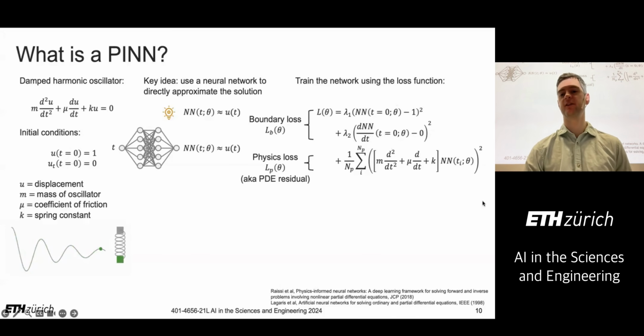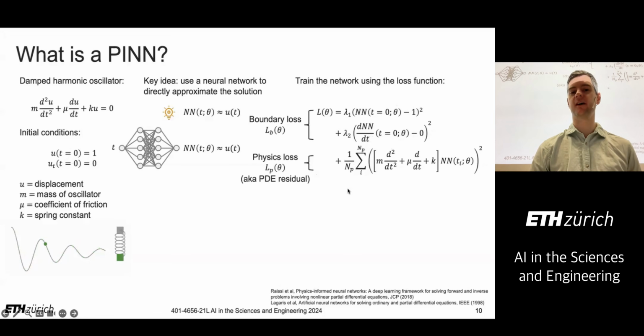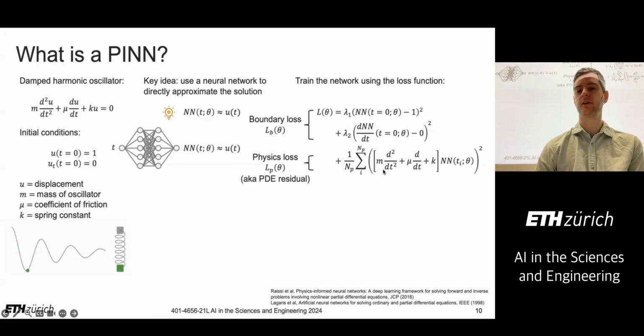Then the final one, which is the most important, is this physics loss. What this does is it computes the residual of the underlying differential equation. So we take our neural network and we evaluate all of the gradients required, the derivatives with respect to time that are required to compute this left-hand side of the differential equation.